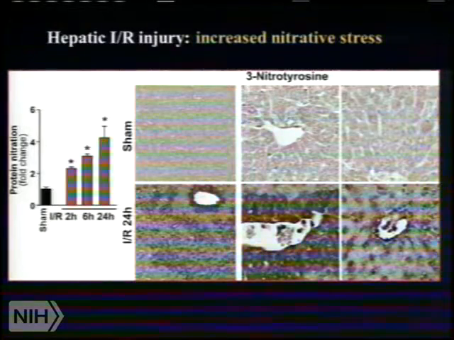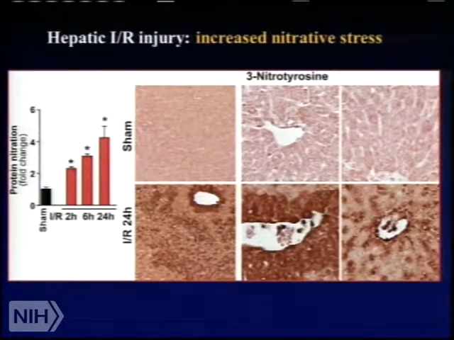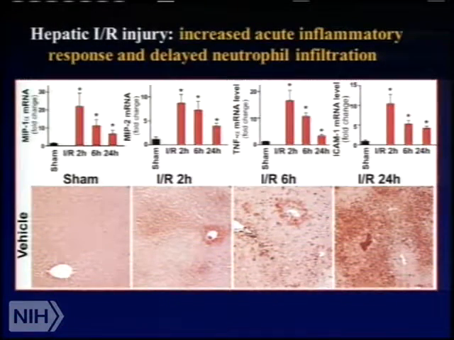Here you see that basically the sinusoid is disrupted, and through the endothelial layer, these inflammatory cells migrate to the tissue where they mediate injury.